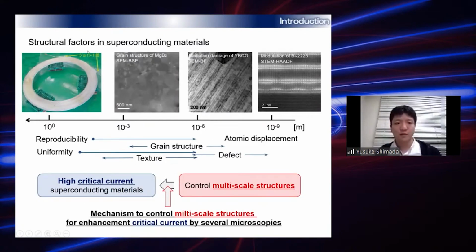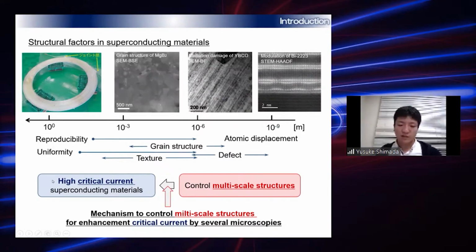So first of all, I will show the microstructure factors in superconducting materials. On a large scale, reproducibility and uniformity are important. And on the macro scale and nano scale, it is necessary to control grain structure, grain texture, defects, and atomic displacement.